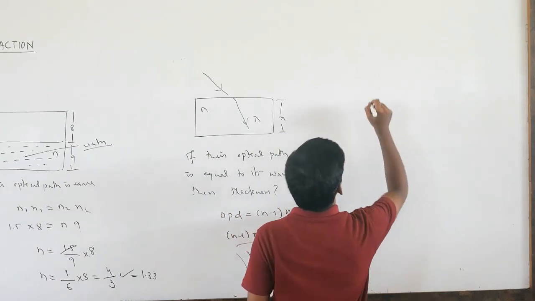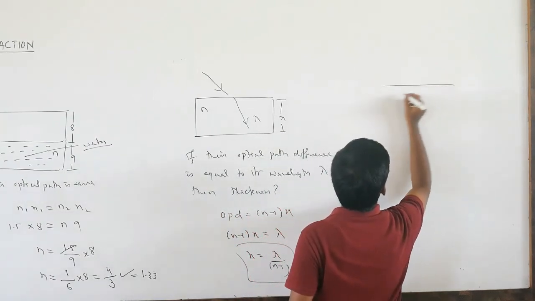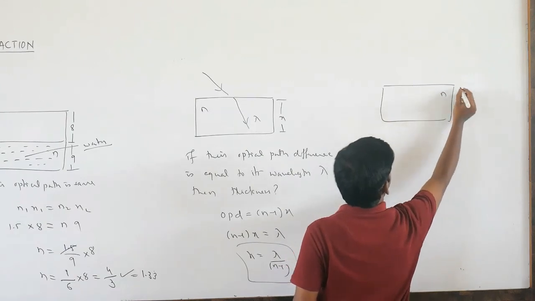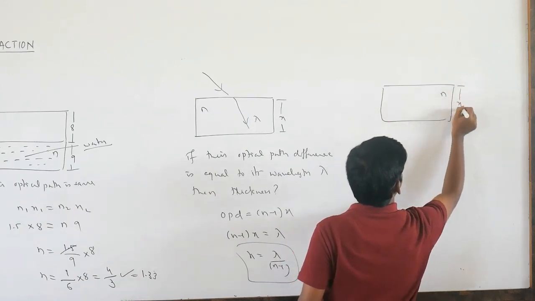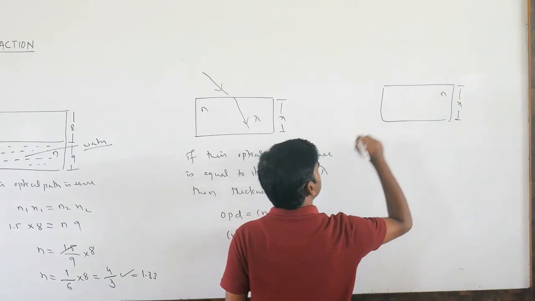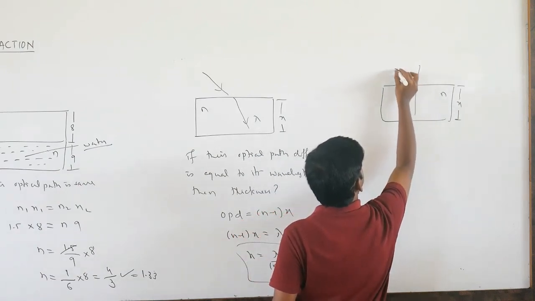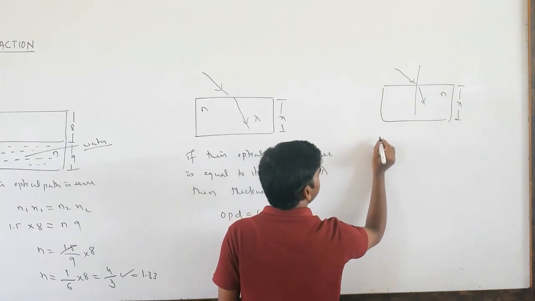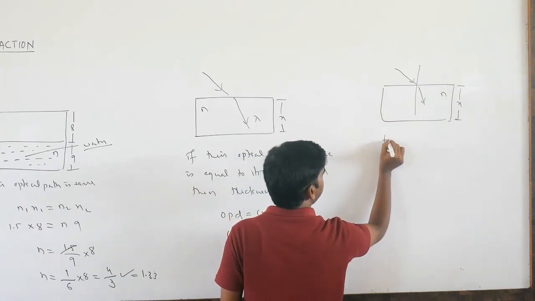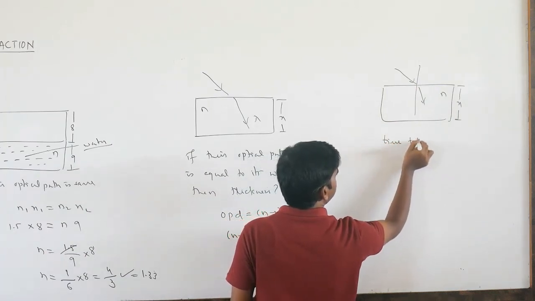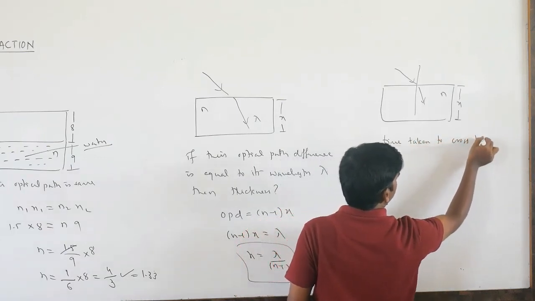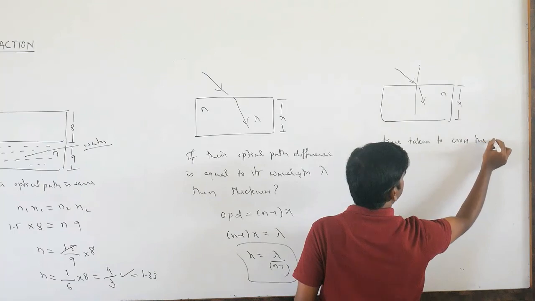If we take another example, suppose you have a medium whose refractive index is n and thickness is also given, that is x. But the velocity is not given in this medium. They will ask the time taken to cross the given medium or glass slab.